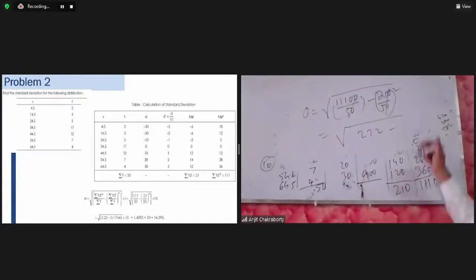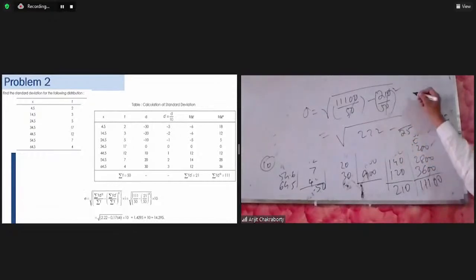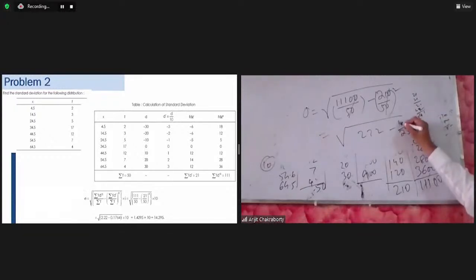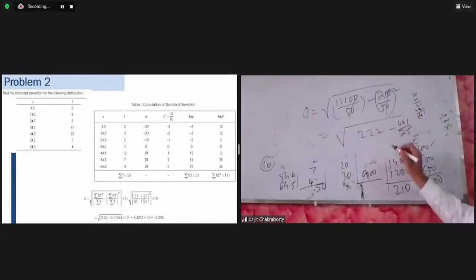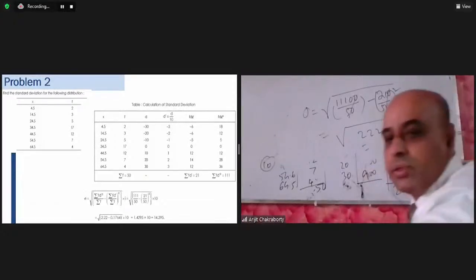So 21 into 21, so 25 here. 21 into 21 is 441. Yeah, 441. So 222 minus 441 by 25, you will get the same answer which we have got here, square root.